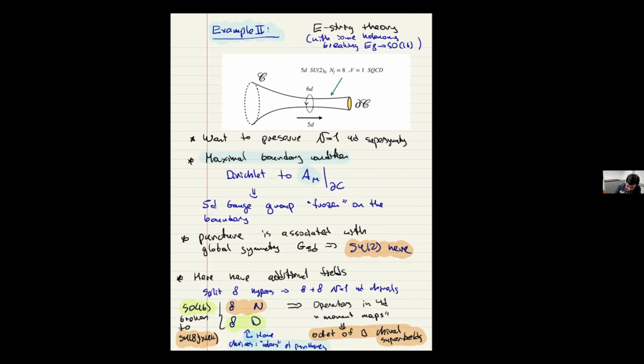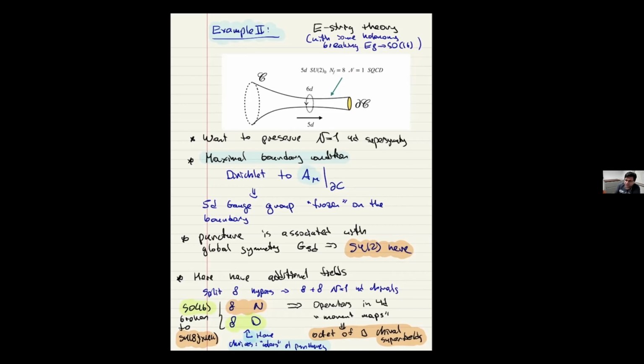Okay. And again, there are nice boundary conditions where you have, in N=1 language on the boundary, on the 4-dimensional theory, 8 hypermultiplets, which you can split into 2 octets of N=1 chiral fields, and you can give 8 of them Neumann boundary conditions and 8 of them Dirichlet boundary conditions.